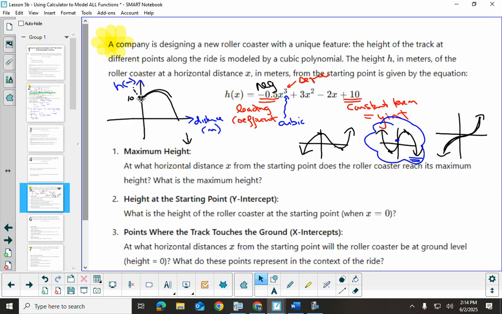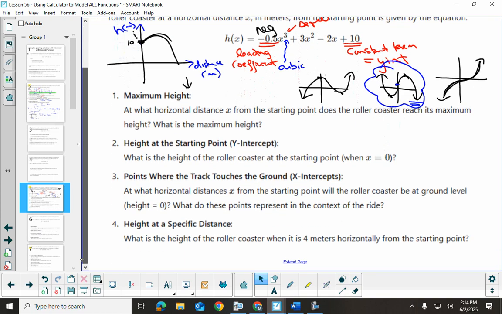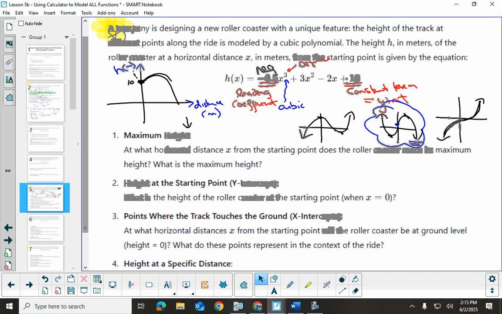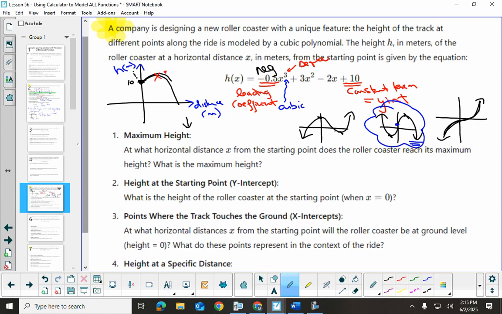Okay, so going through now, we're going to use the same menu, but the wording of the questions changes because the equation is different. So it says at what horizontal distance from the starting point does the roller coaster reach its maximum height? What is the maximum height? So again, maximum. So again, we're going to use number 4.